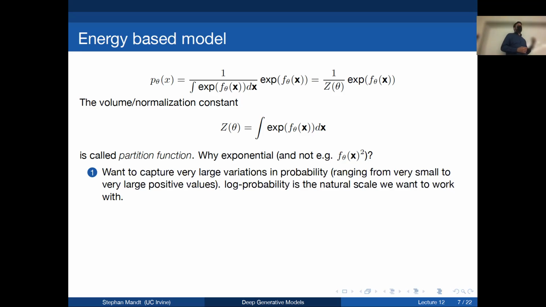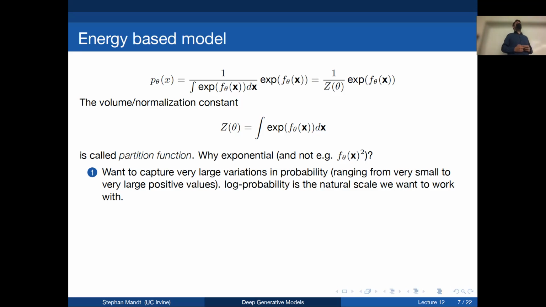Oftentimes we want to capture a lot of variation in probability, right? Probabilities are between 0 and 1, but densities can actually be even larger than 1. They only have to integrate to finite values over finite volumes. But the point here is that there's typically a huge range in probabilities.